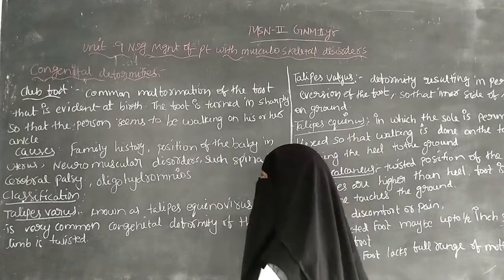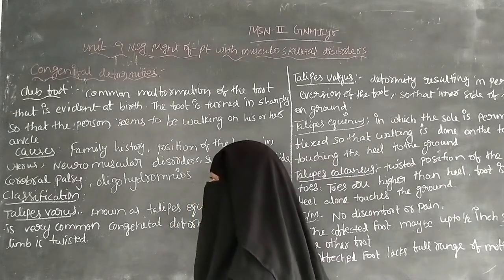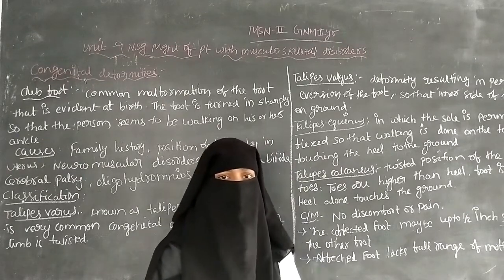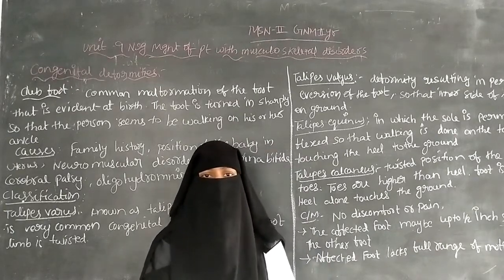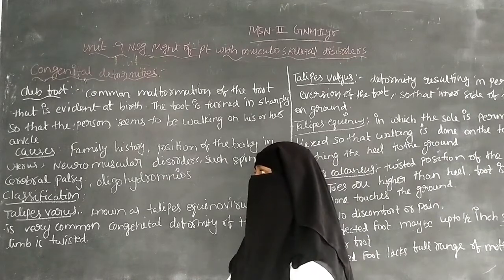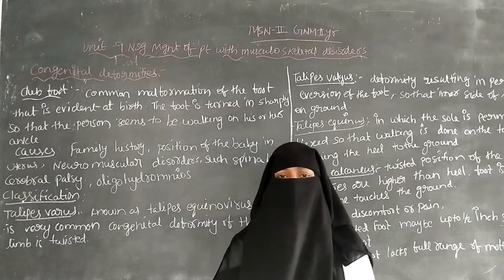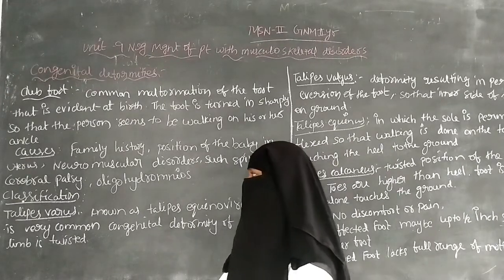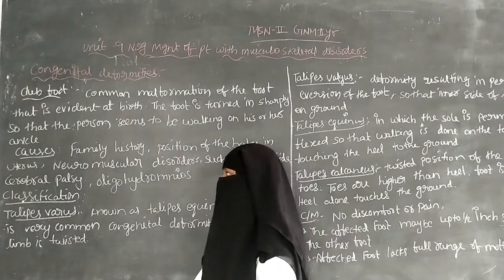Next is neuromuscular disorders like spina bifida and cerebral palsy. Spina bifida means there is improper development of the spinal cord. Cerebral palsy means the muscles and nerves become weak, and improper development occurs.